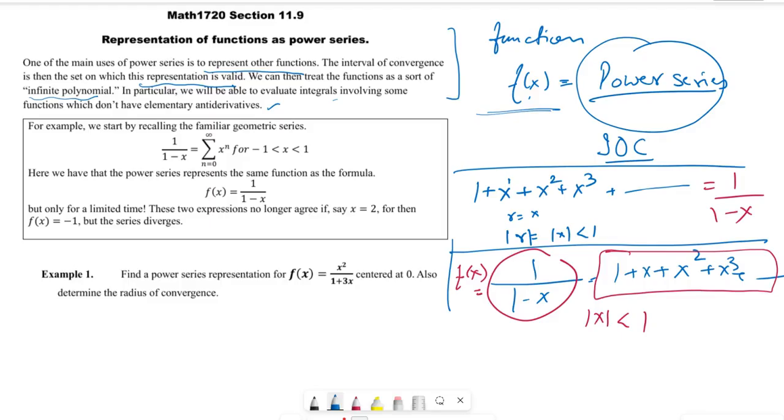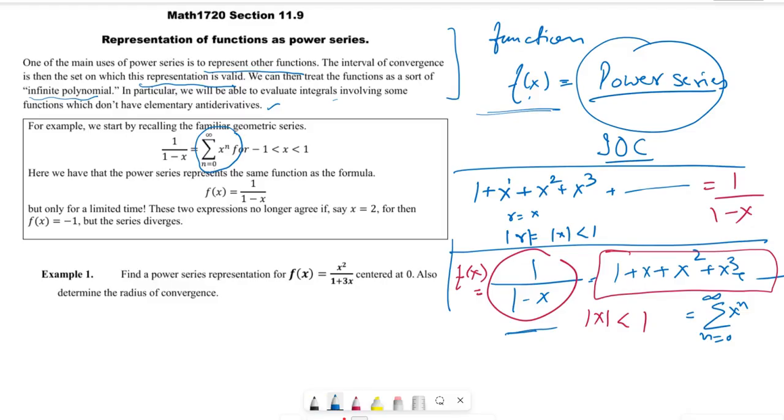This series can also be written in summation form as sigma n from 0 to infinity of x to the power n.